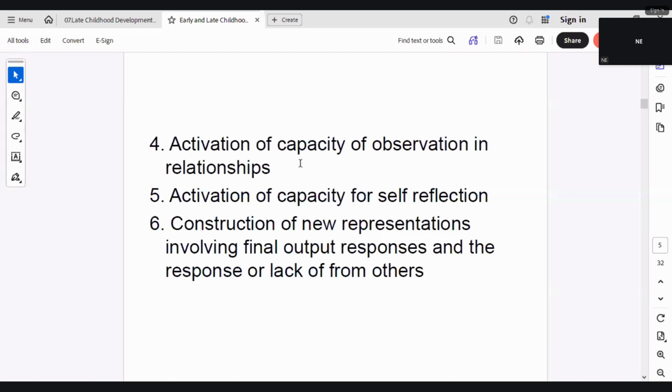But also there's going to be an activation of a capacity of observation in relationships with people and with the world, and an activation of capacity for self-reflection. Then there's a construction of new representations that will involve the final output responses, and the response or lack of response from others.